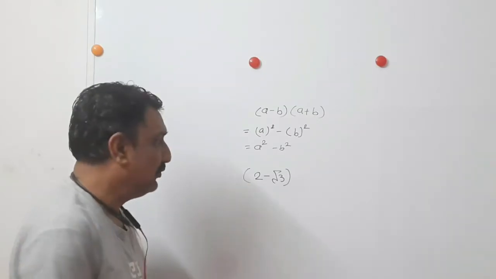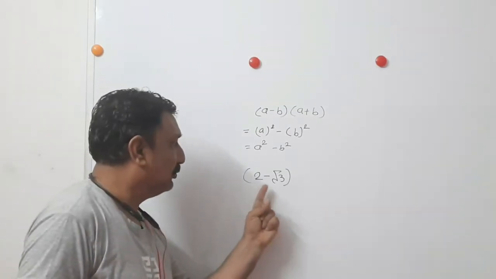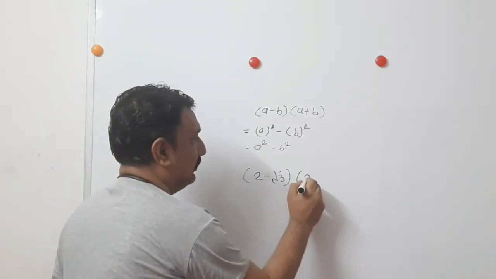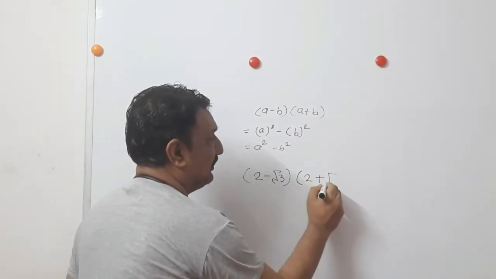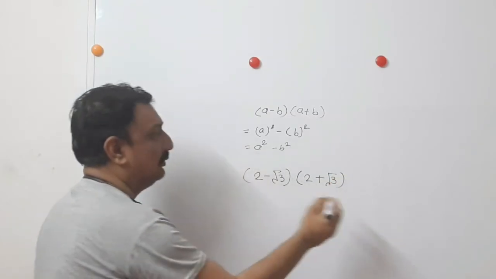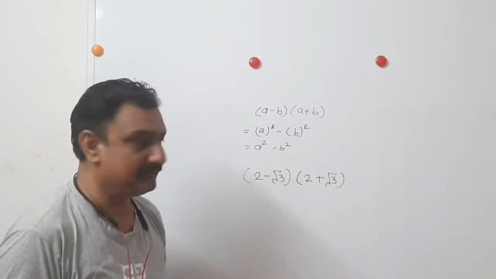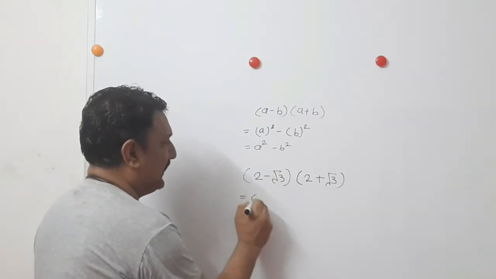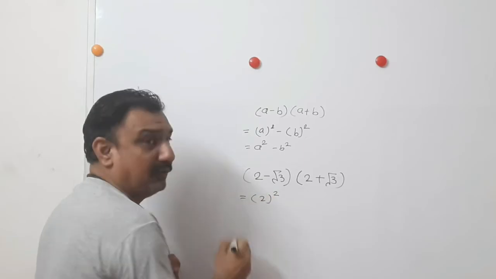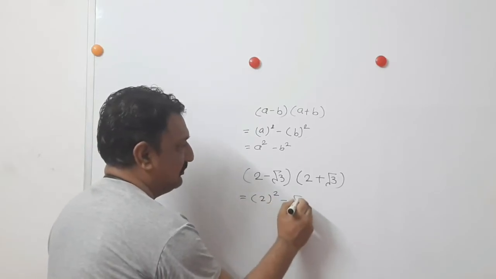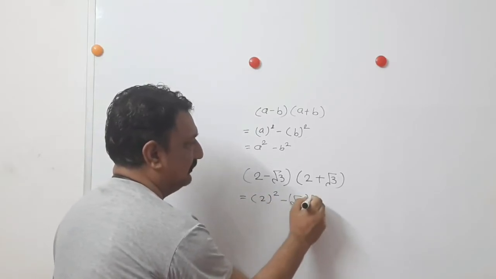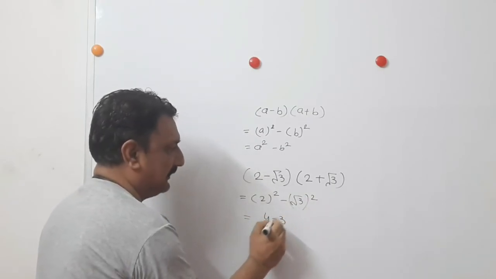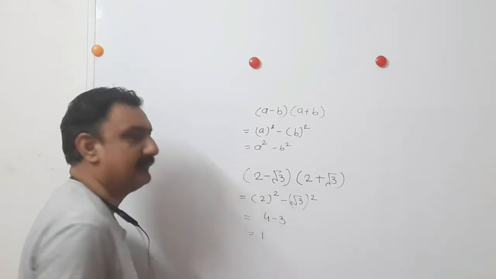So what should I do? I just multiply 2 minus root 3 with another surd, that is 2 plus root 3. Now simply apply the identity. What do I get? Square of 2 minus square of root 3. So finally 4 minus 3, that is 1.